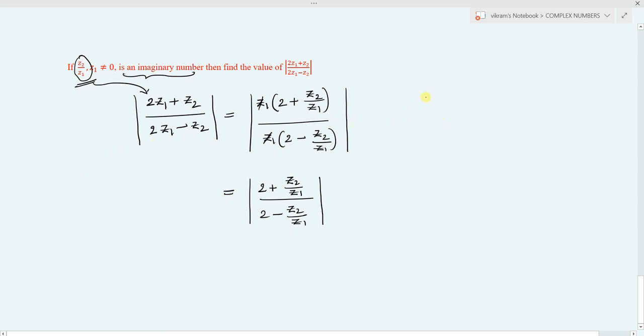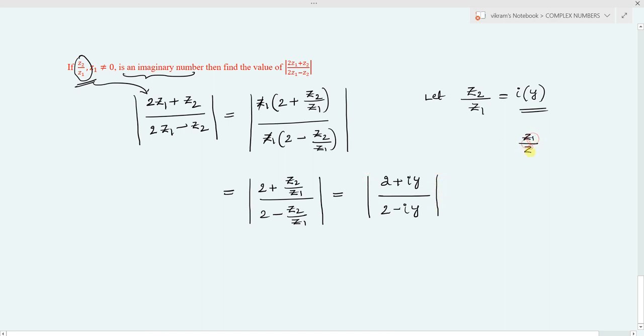From the given condition, let me assume z2 by z1 equals i times some y, an imaginary number. Then we can write it as the modulus of 2 plus iy by 2 minus iy. We have the property that modulus of z1 by z2 can be written as mod z1 by mod z2.